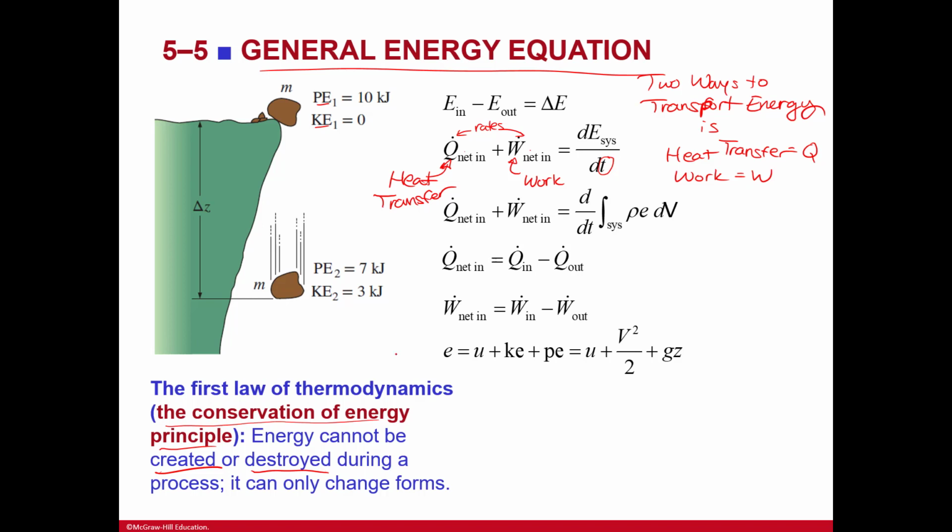It's only changing forms. So here, as you can see at some change in Z, some change in elevation, we have lost, theoretically, 3 of PE, but that has transformed into KE. So you still have a total of 10, just like you still had 10 in energy.